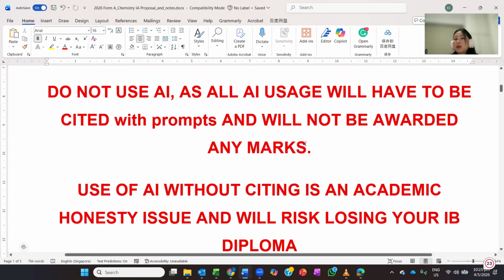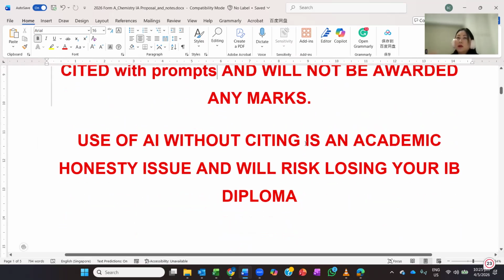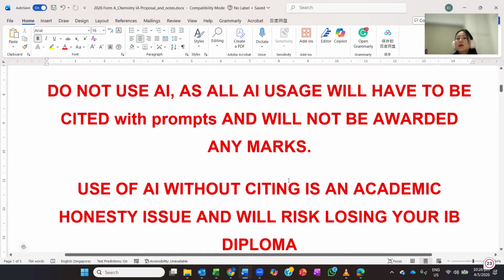Then you will say that, okay, then not citing is better. No, because if you don't cite, then it's an academic honesty issue. And the IB would treat academic honesty quite strictly. And so you will lose your diploma if it is found that the work is not your work and you did not cite. So therefore, the best way is don't use AI.